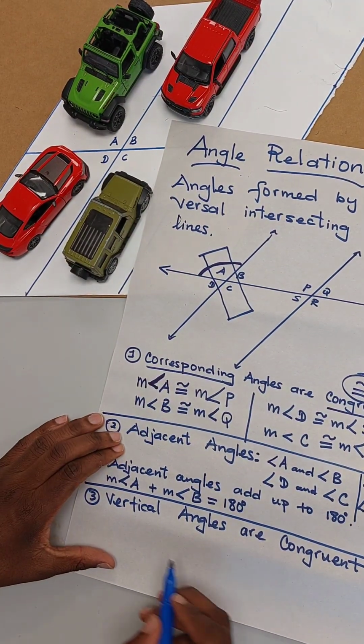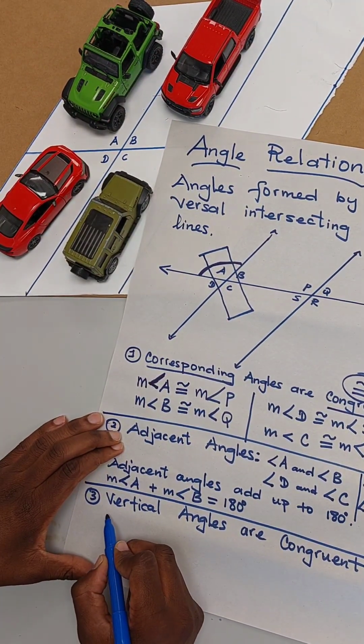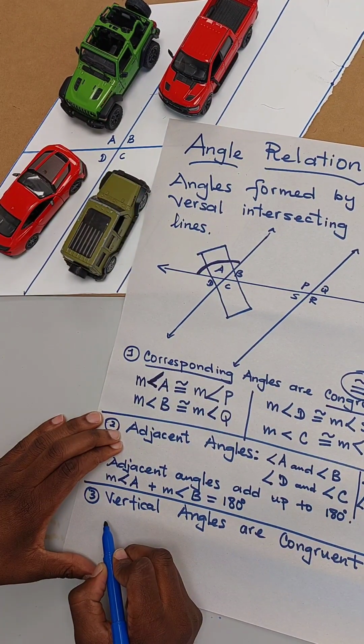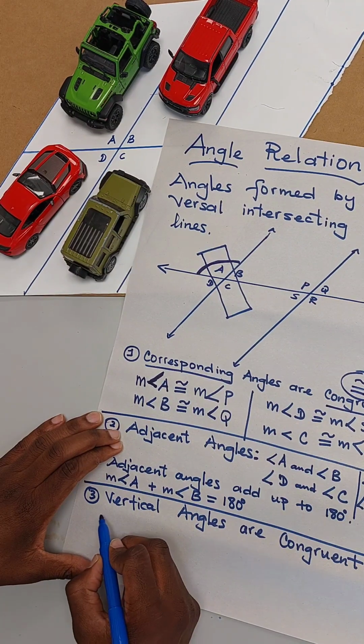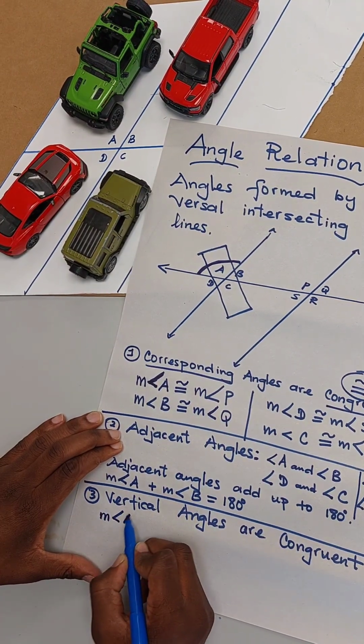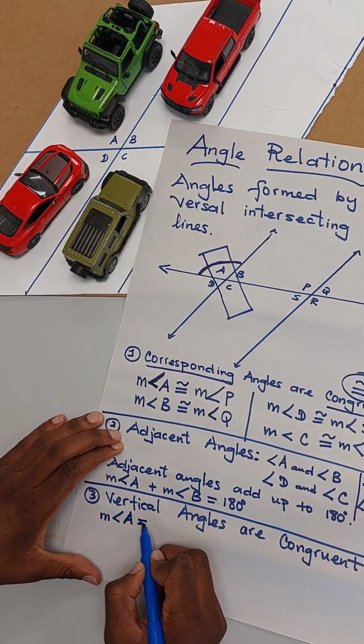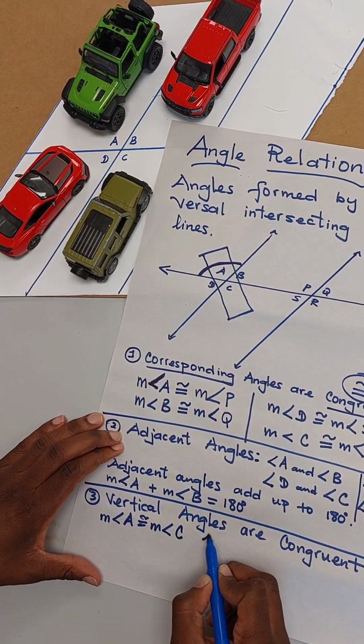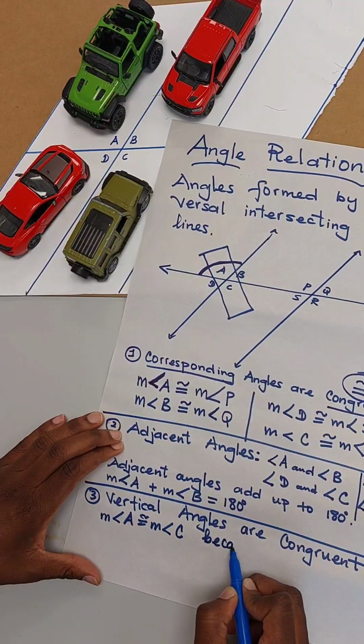Because of that property, the angle A and the angle C have the same measure. So the measure of the angle A is congruent to the measure of the angle C, because they are vertical.